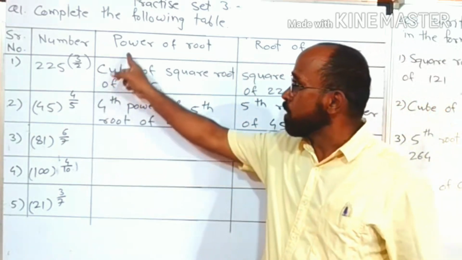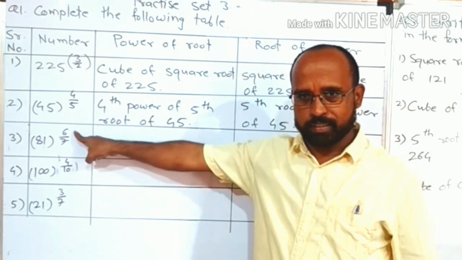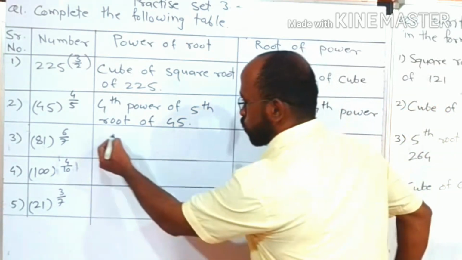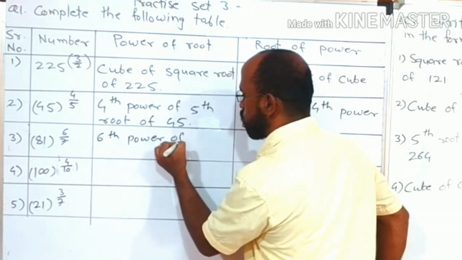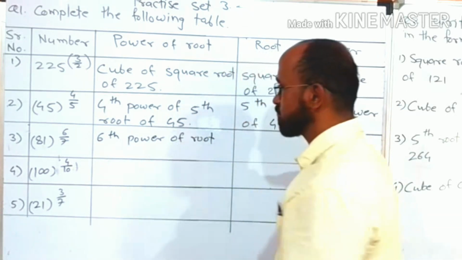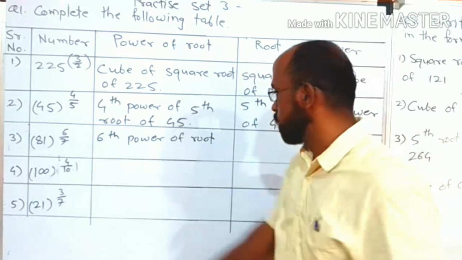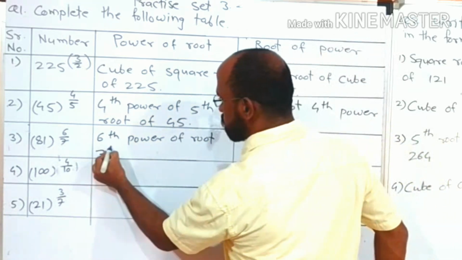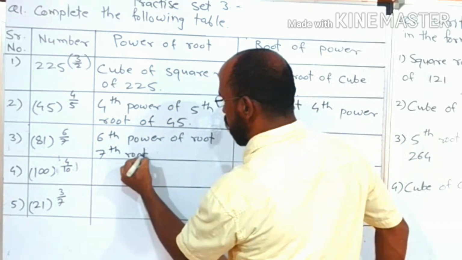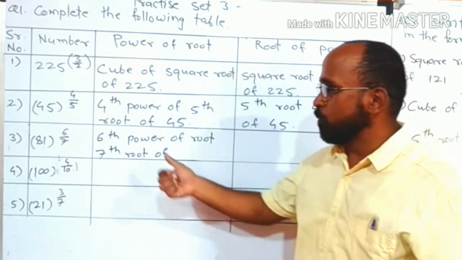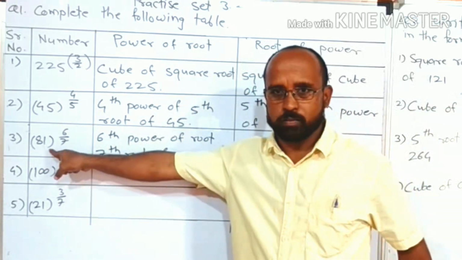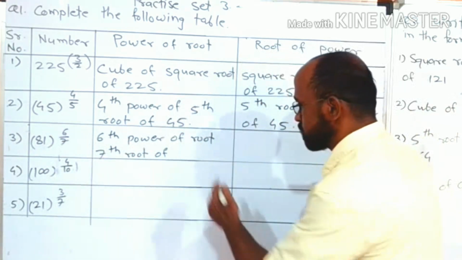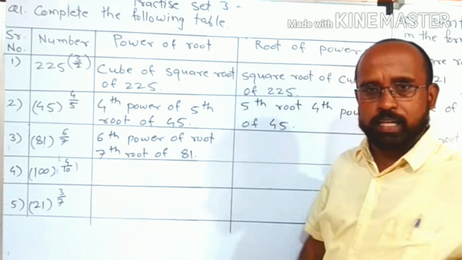Similarly here, power of root. Power is 6, comes in the numerator. So sixth power of root. Which number is coming in the denominator? 7. So seventh root of. Which numbers? Sixth power and seventh root is given, 81. Clear?